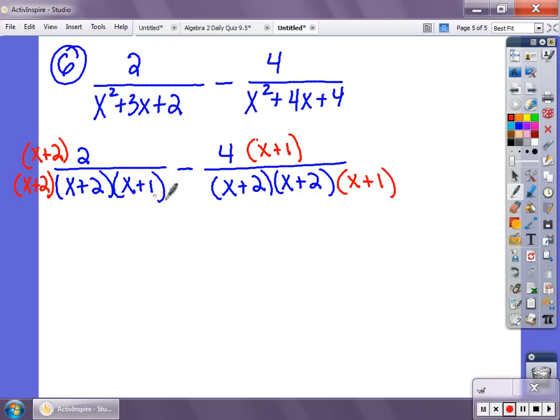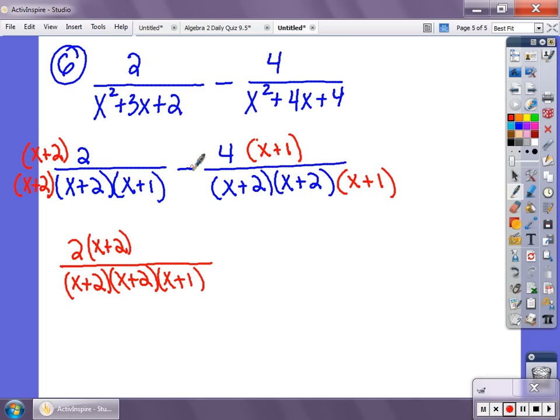Now that the denominators are exactly the same, we'll rewrite it with one denominator. X plus 2, x plus 2, x plus 1. Then we have a 2, an x plus 2, minus 4, and an x plus 1.